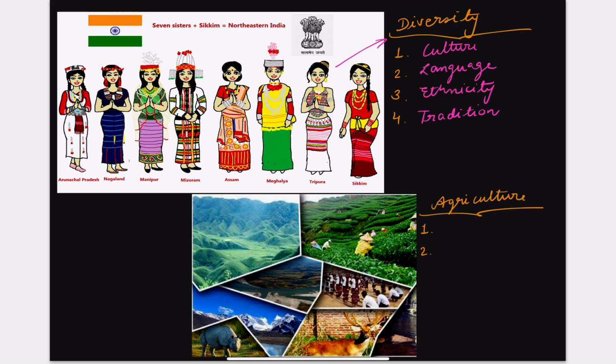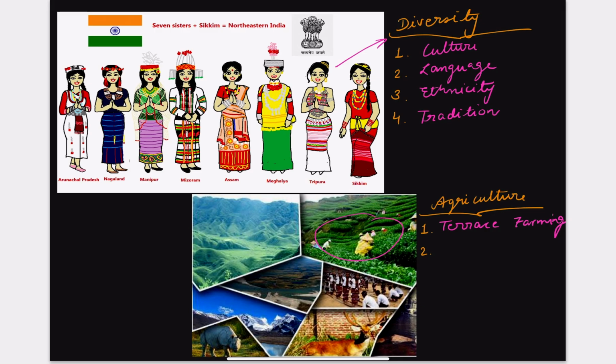Okay, so in the next picture you can see that some people are engaged in agricultural activities. This picture is actually terrace farming. Terrace farming is a method of farming in which the hilly terrain is used for agriculture.